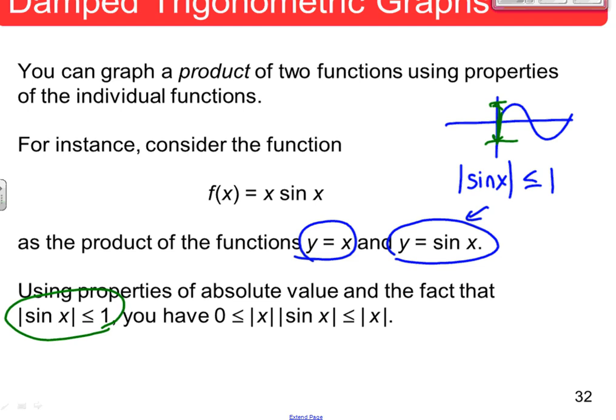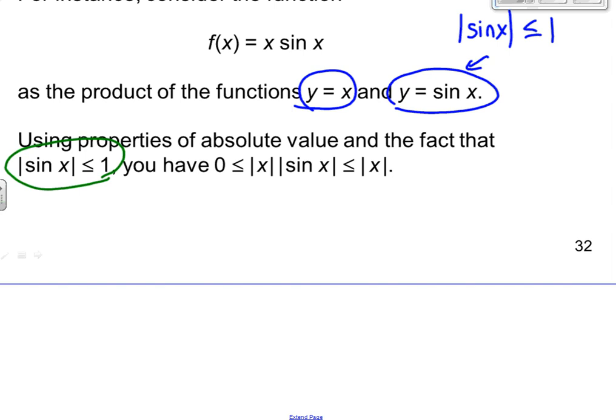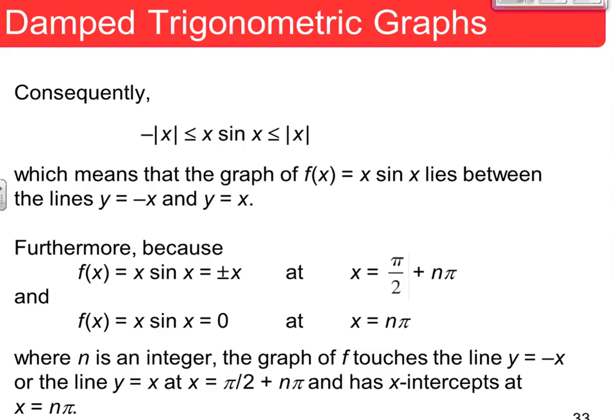And then if that is the case, then 0 is less than or equal to the absolute value of x times the absolute value of sine of x, which is less than or equal to the absolute value of x. So a lot going on in that one as we start to look at it. And so then I'm going to go to this next slide because it continues on with that.